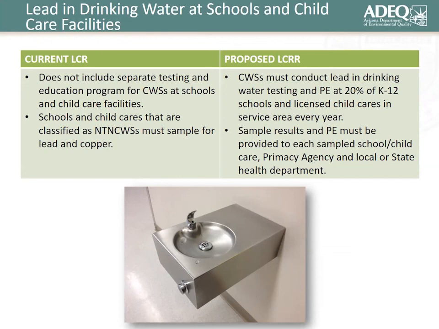Under the proposed version, any community water system that serves a school, K through 12, or any licensed child care facility will have to sample 20% of those schools each year over 3 years. All of those sample results and public education have to be provided to each sampled school or child care facility, not only to the primacy agency, but also to the local and state health department.